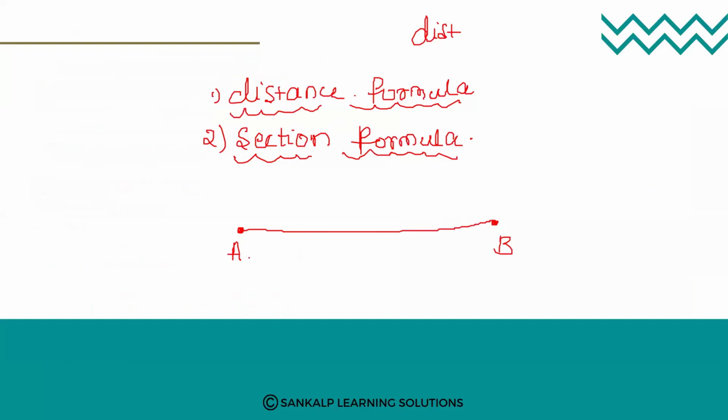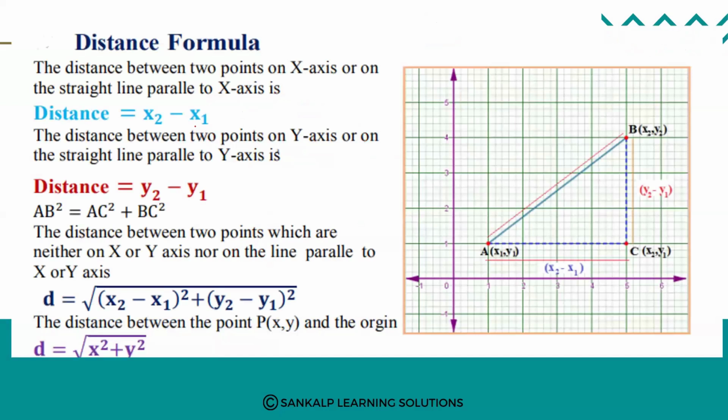The x coordinate of A is x1, of B is x2. Then from A to B, the distance is x2 minus x1, right? So the distance between these 2 points is x2 minus x1.